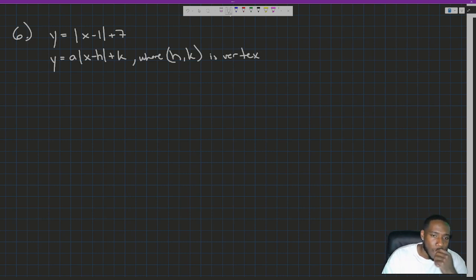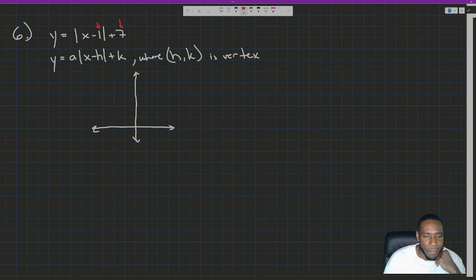Okay? And so if we're looking at this graph, again, I'll sketch it really quickly. We don't need a super detailed graph, but it's going to look something like this. We're going to have our graph looking like so. And so our vertex is going to be at that point, 1, 7.